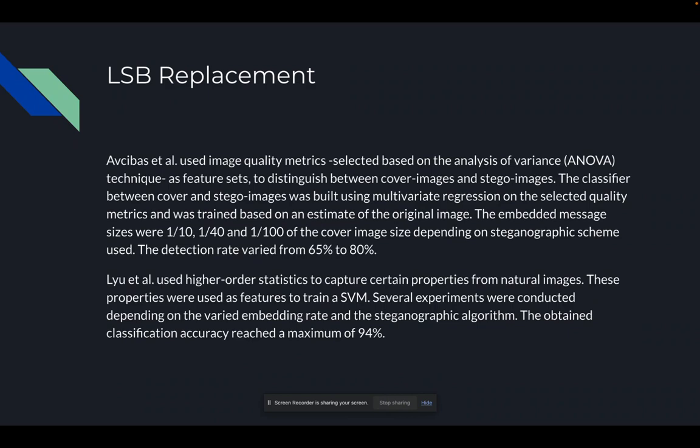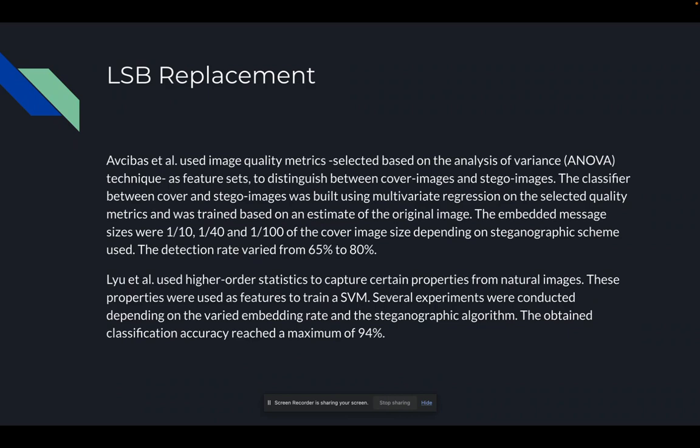The classifier between cover and stego images was built using multivariate regression on the selected quality metrics and was trained based on an estimate of the original image. The embedded message sizes were 1 over 10, 1 over 40, and 1 over 100 of the cover image size, depending on the steganographic scheme used. The detection rate varied from 65% to about 80%.